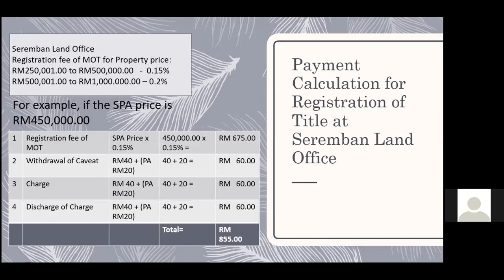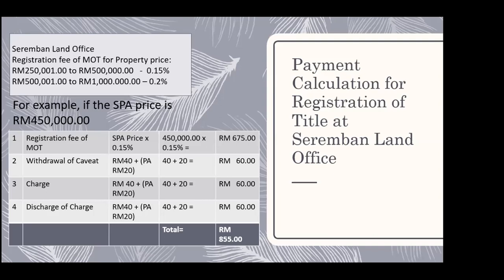And if the price range is between 500,000 to 1 million, then the rate will be 0.2%. For example, if the SPA price is 450K, the registration fee of the MOT will be 0.15% of 450,000, so it will come up to 675 ringgit.